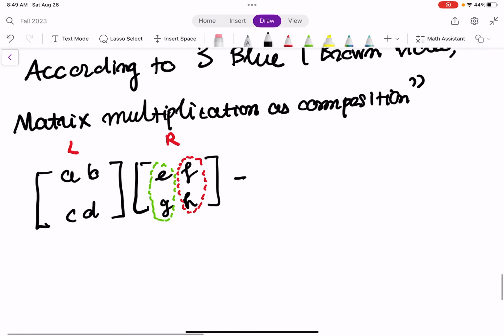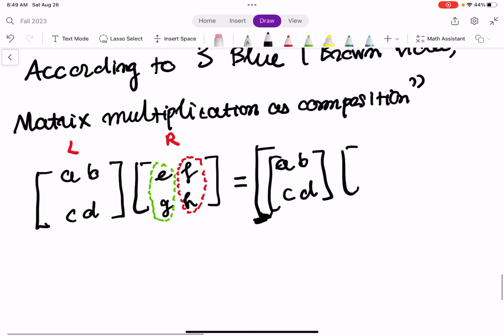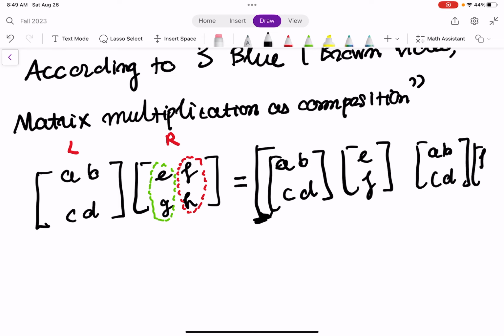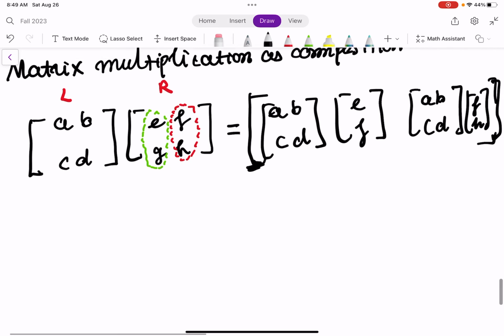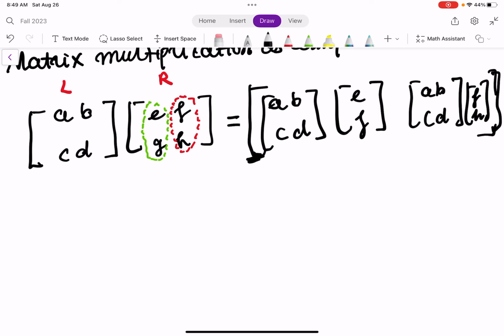Let's express that in terms of mathematics, it makes more sense. So the multiplication equals: you apply the transformation A, B, C, D onto the first column vector on the right, which is E, G, and you also apply the transformation ABCD on the second vector F, H. So how do you apply the transformation ABCD on it?